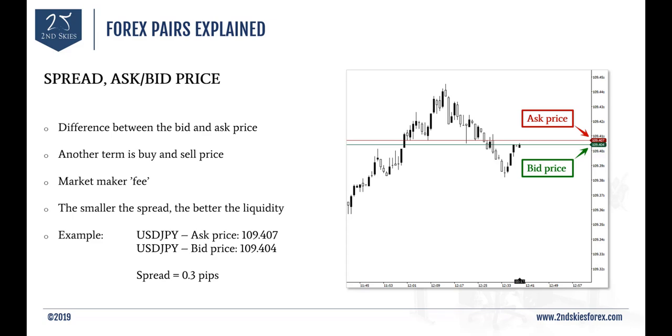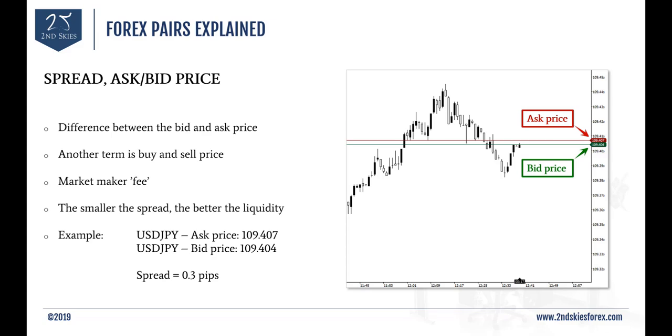So maybe their spread is 406 to 405, and they're widening it a little bit. That's how brokerages make money. They make their money from the transactional spread. That's mostly how brokers make their money. But I'll get into more of that later when I talk about brokerages.